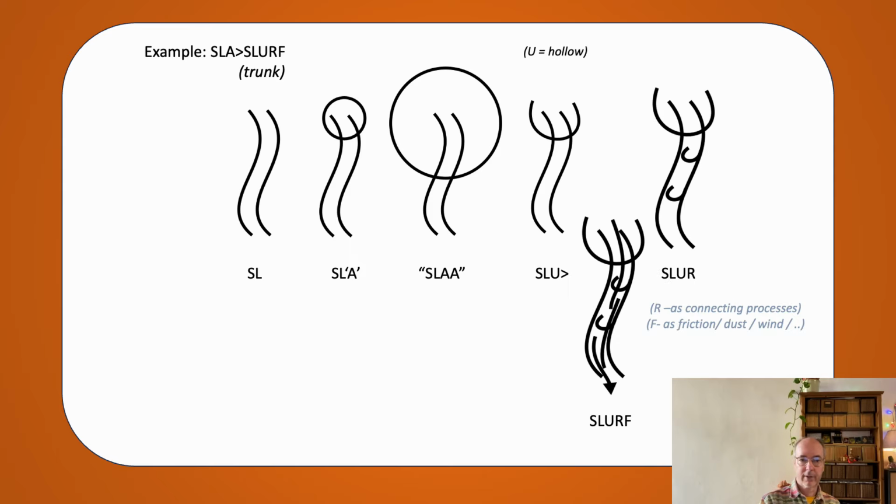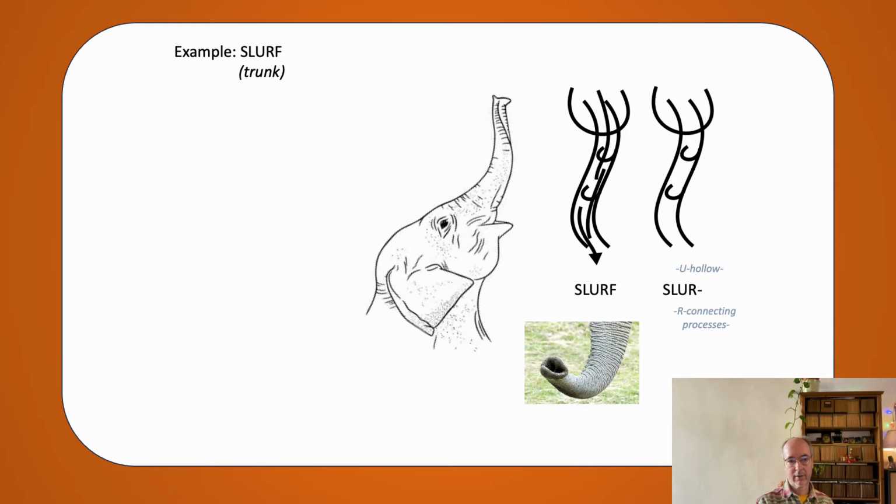And if I combine this with words, I have a few words, I have SLURF, which is a trunk. So I have first the R, all the connecting processes, and the F, which can be friction. In this case, it is associated, it could be dust, it could be wind, it could be all these kinds of things that have this friction. And it makes it so that this form, which was a physical S before, became hollow, and it is also used with the connection process because of the R, and with an F with the material inside.